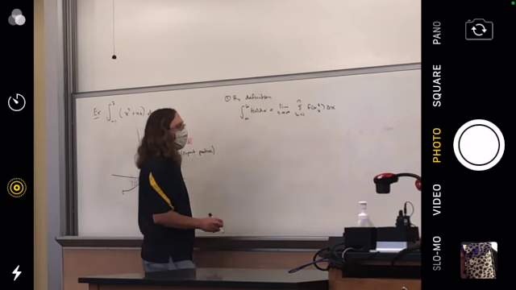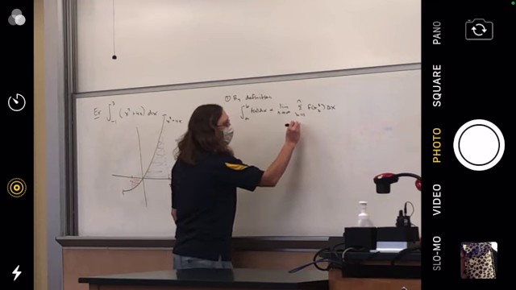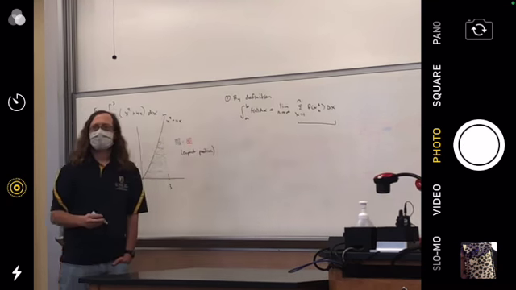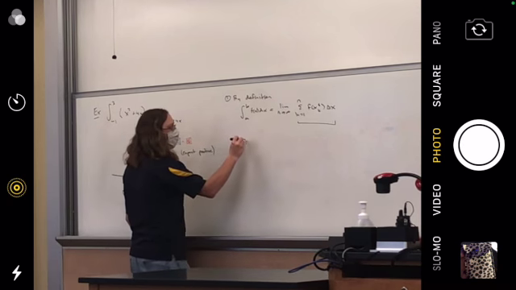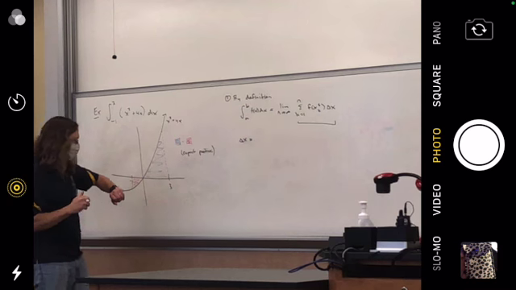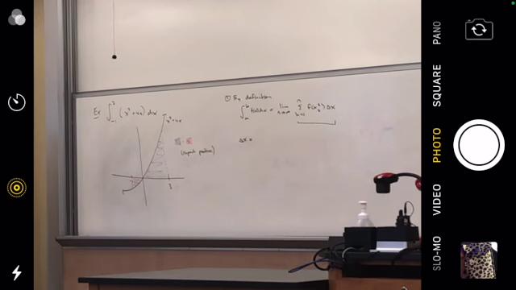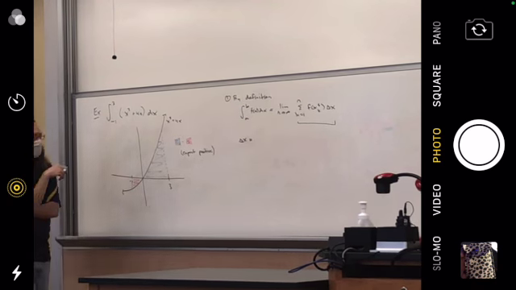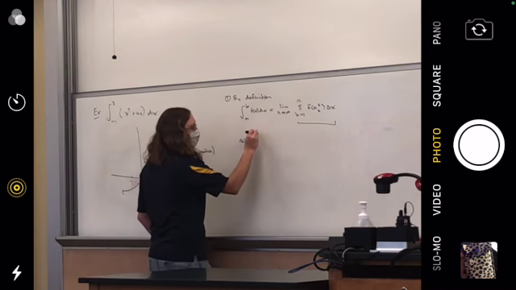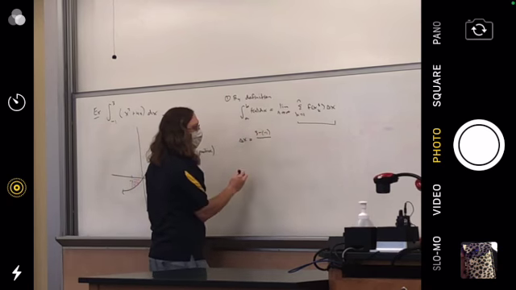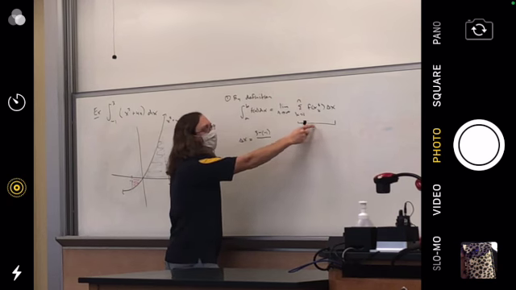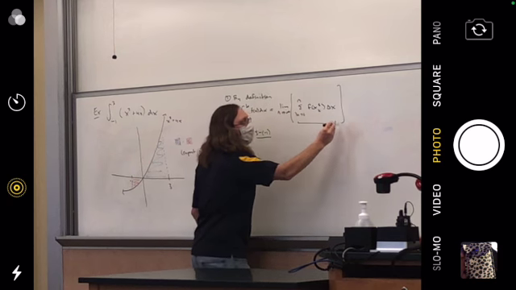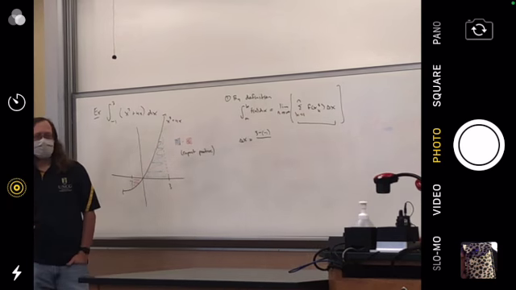Alright, so how do we do this? First I need this part, right? So what's delta x? 3 minus -1 divided by n. Alright, I'm going to do this part first. Why does that matter? What do I divide by? n.